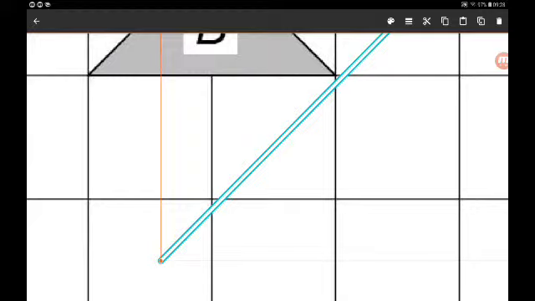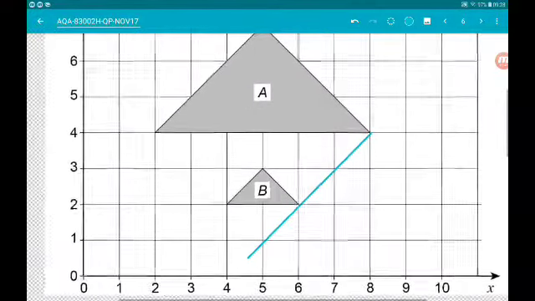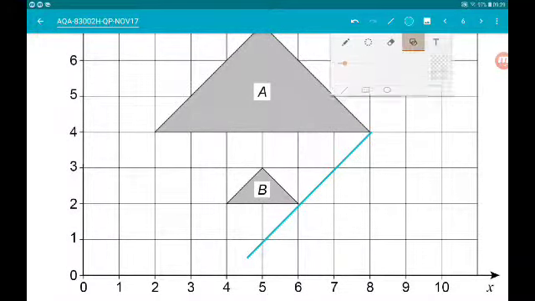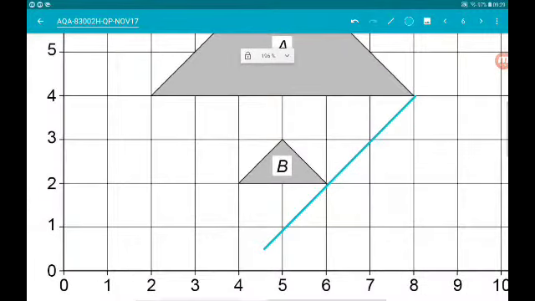Okay, and then we do that with another 2 points on the triangles. And where the lines meet is the centre of enlargement.